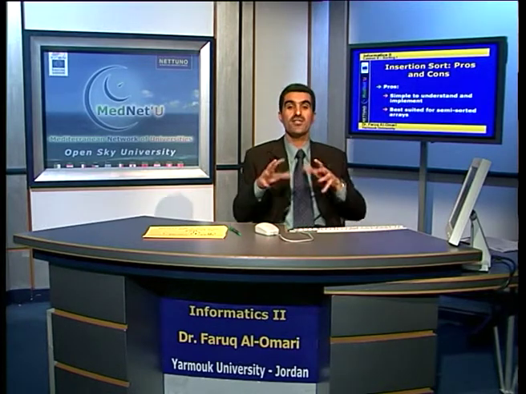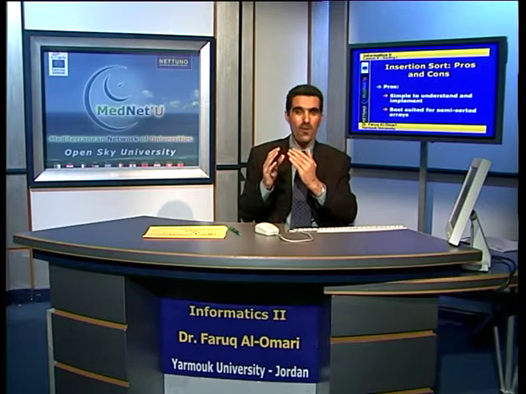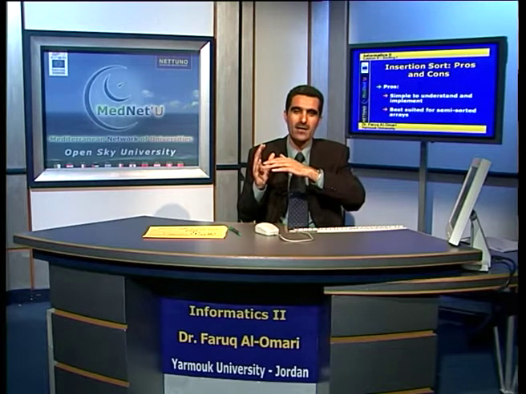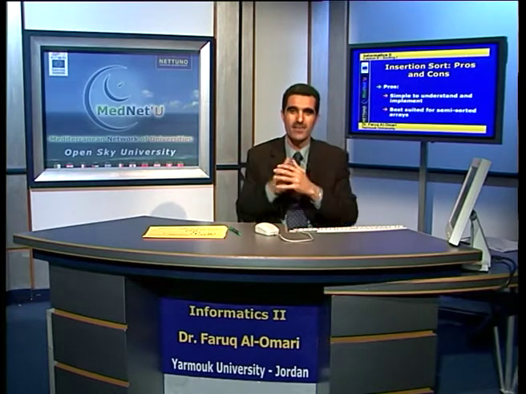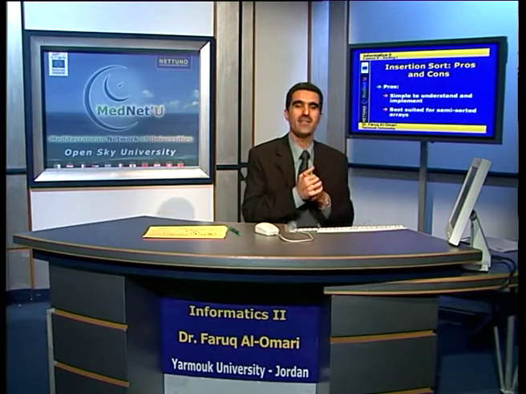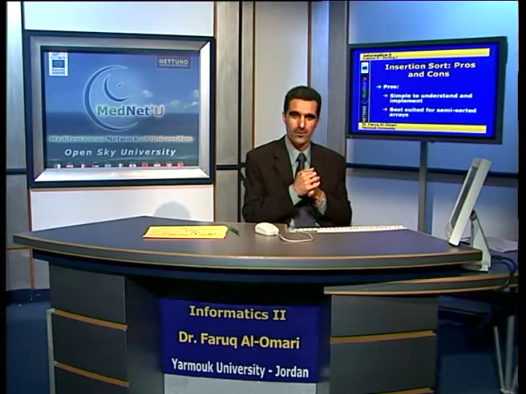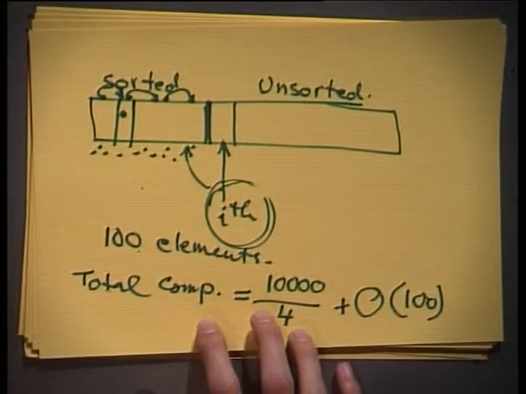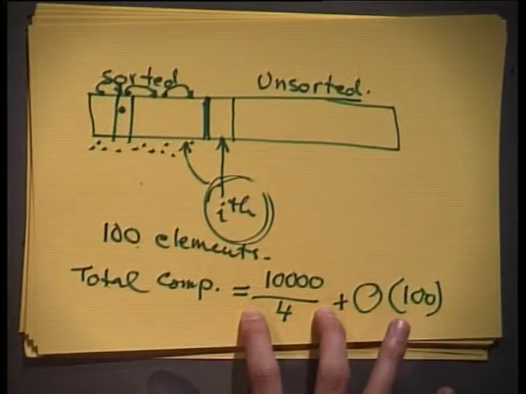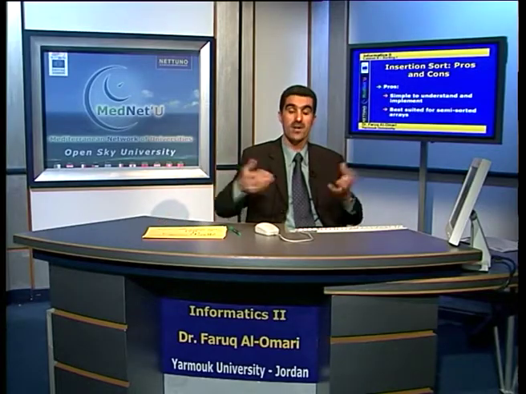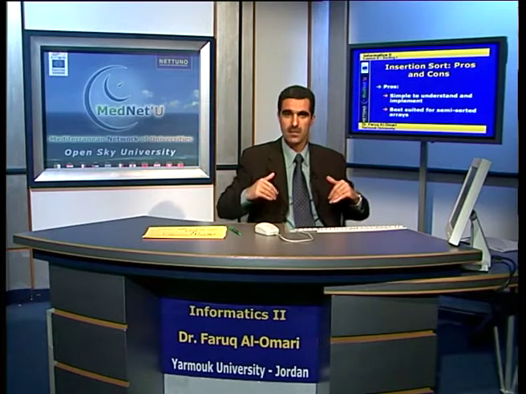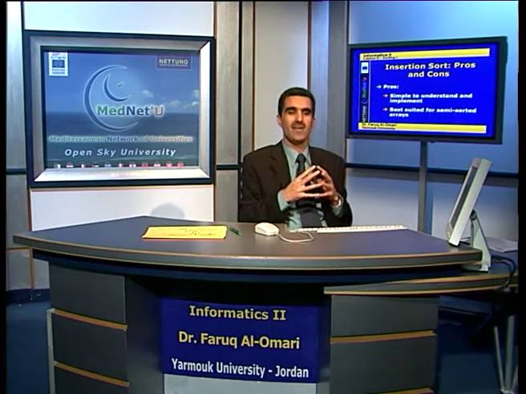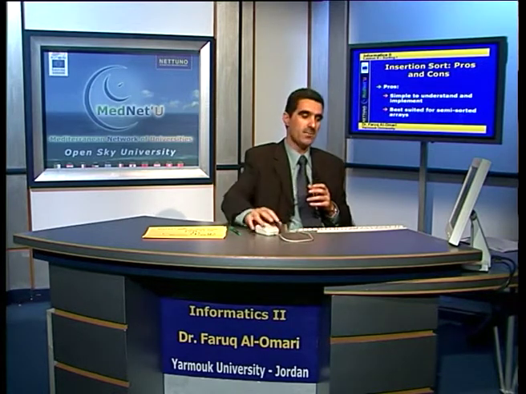So if my list is semi-sorted, then hopefully I'm not going to be going back that much. All right? And I could go back only once or twice at most. So if that is the case, then definitely this is an excellent choice to sort your data. Okay? And then I'm going to have a number of computations definitely less than this number. Again, this number was the average number, assuming randomness of the data. It could be less, it could be more. Okay? So if the data is sort of sorted, then the number of comparisons is definitely going to be less.